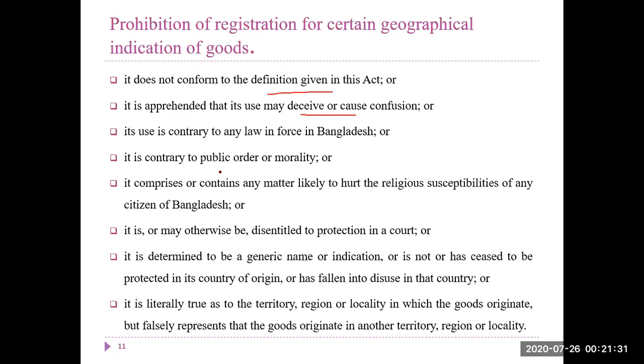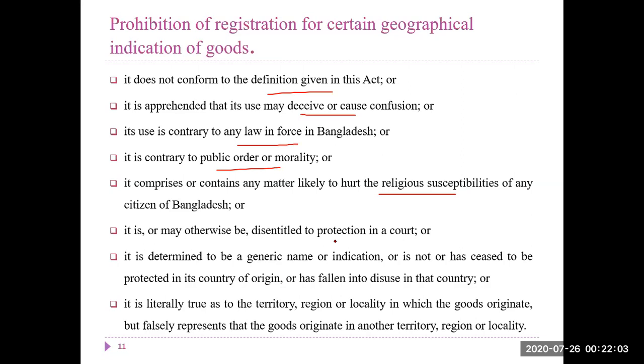Also, if it is contrary to any law enforced in Bangladesh, or to public order or morality, or if it hurts religious feelings of any citizen of Bangladesh, it cannot be protected.